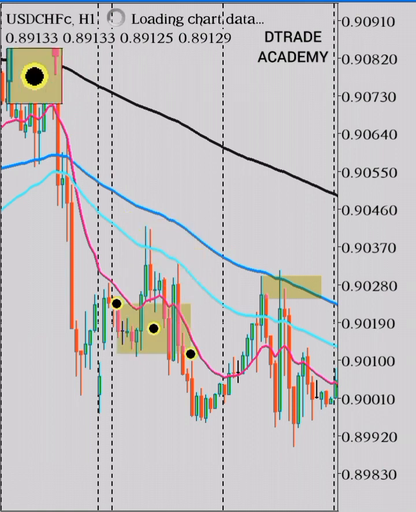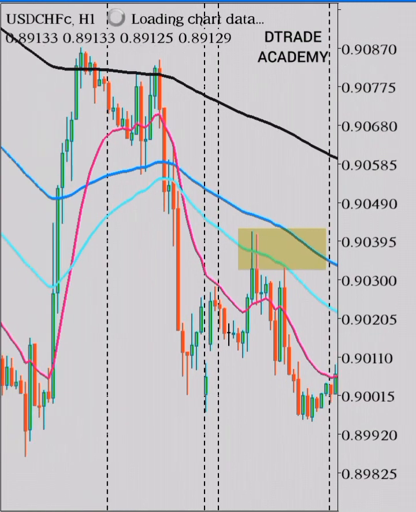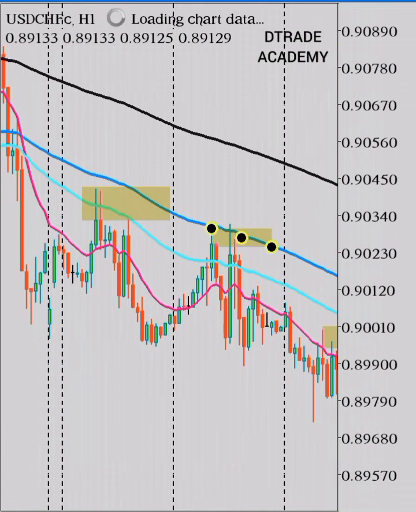Whenever price comes to give us a rejection from our moving average, from our 50 or 90 on H1, mark that place. So this is the second time price came, but this time around it came to reject 90.